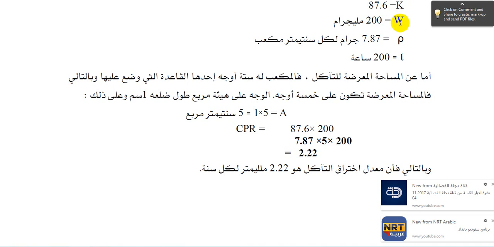K will be 87.6, the best value for K. W is 200 milligrams, rho is 7.87 gram per cubic centimeter, and T is 200 hours. For the corroded area, the cube has 6 faces.